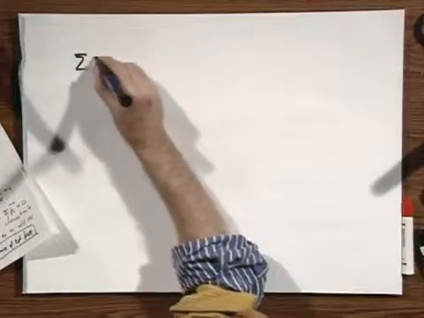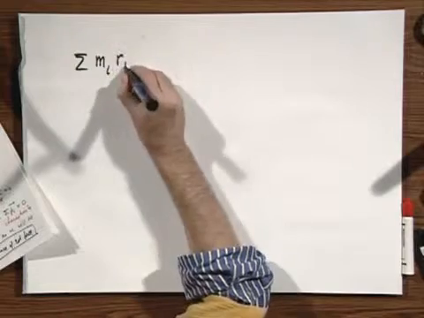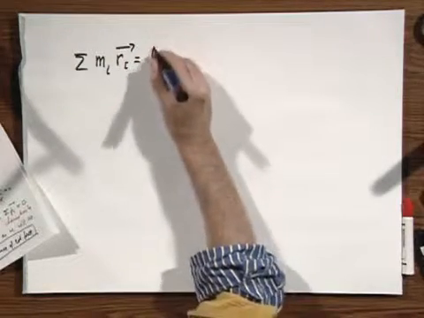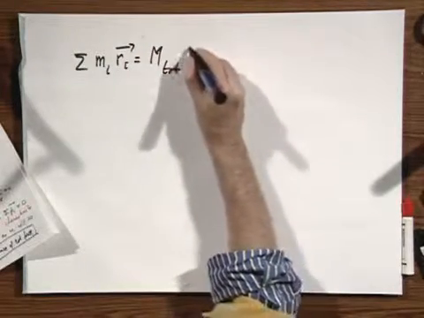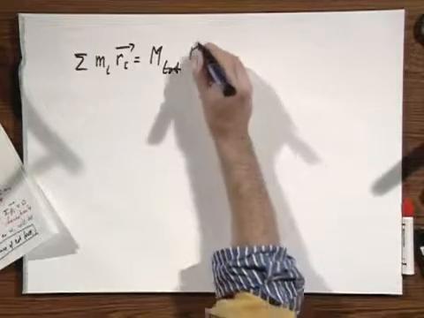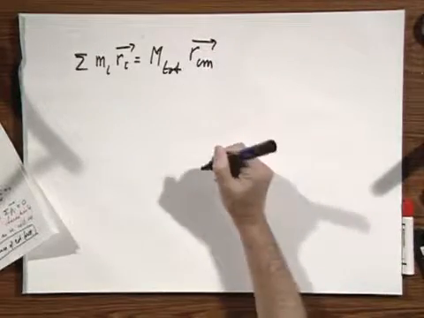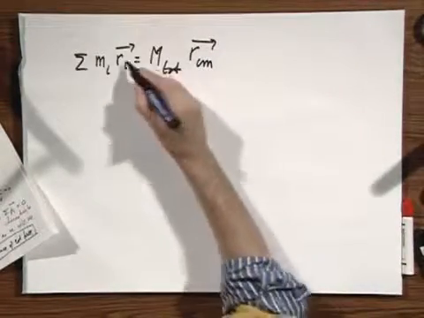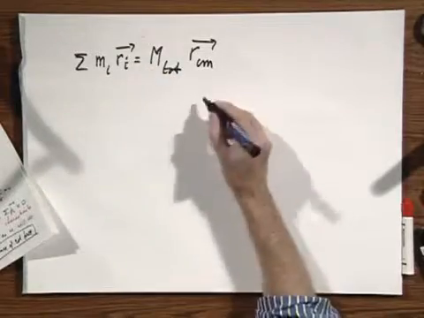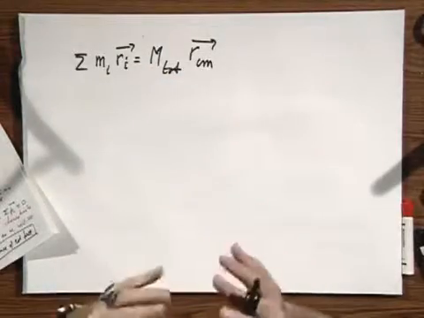The center of mass is very special indeed. Look at this equation: total mass, you've seen it before, times r of the center of mass. Suppose you are not in the laboratory frame, but you are in a frame of reference which moves with the center of mass. Quite possible, right? It has the same velocity as the center of mass.